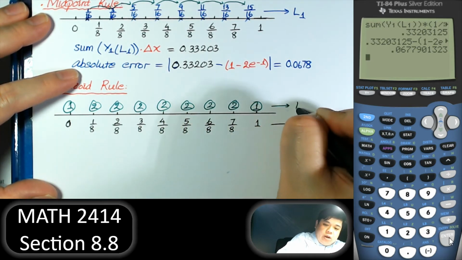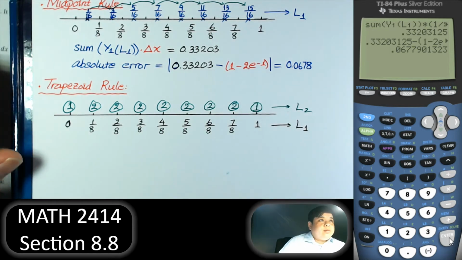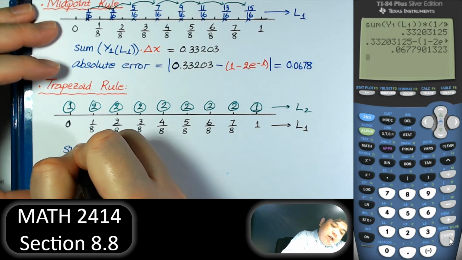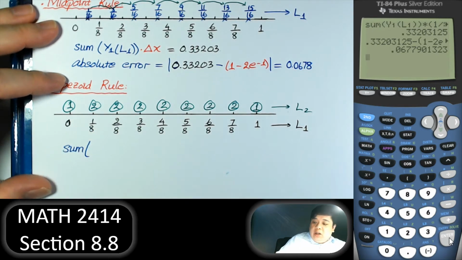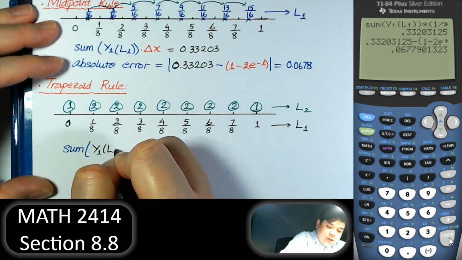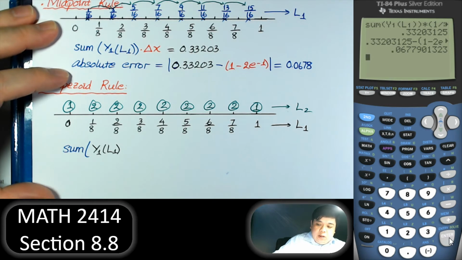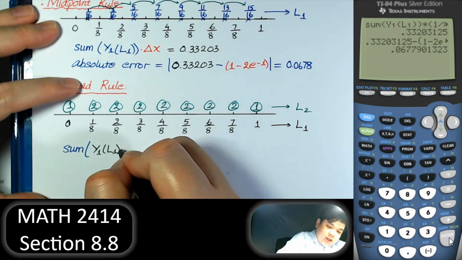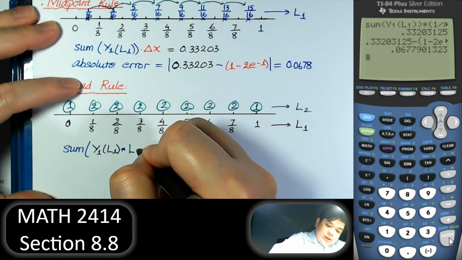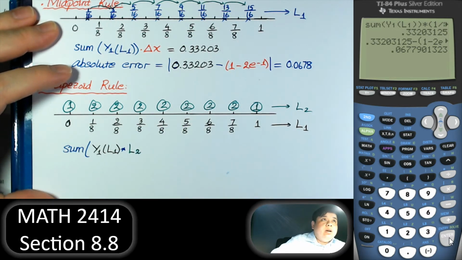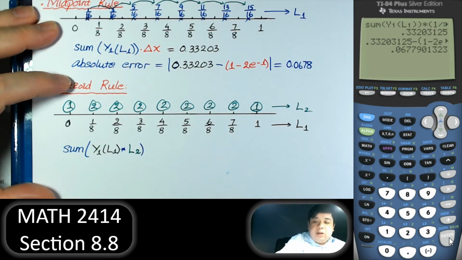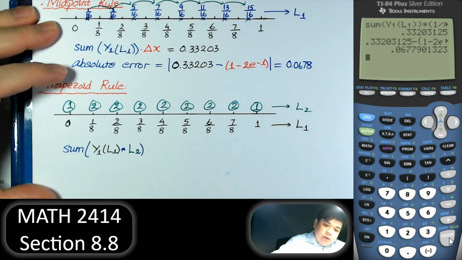And we're going to store that into L2. Then the formula for the trapezoid rule: we take the summation of all the values of the function at Y1 and then multiply by list 2, and then we have the width.